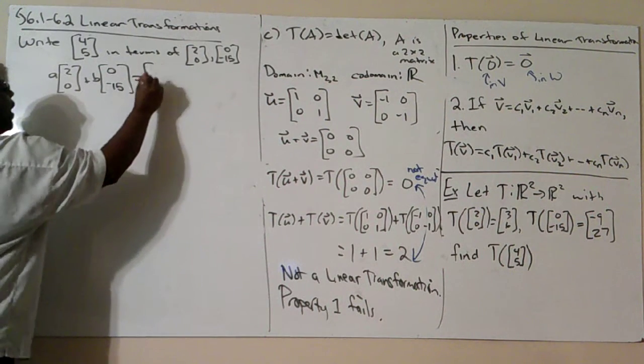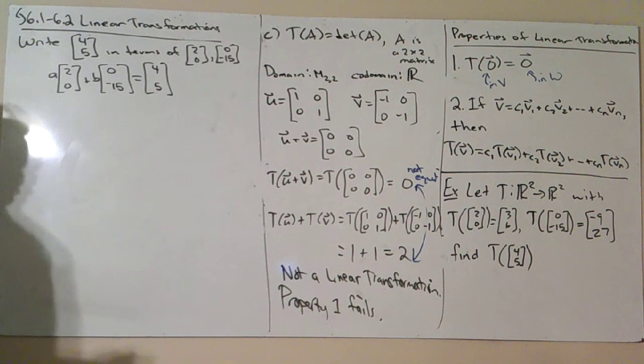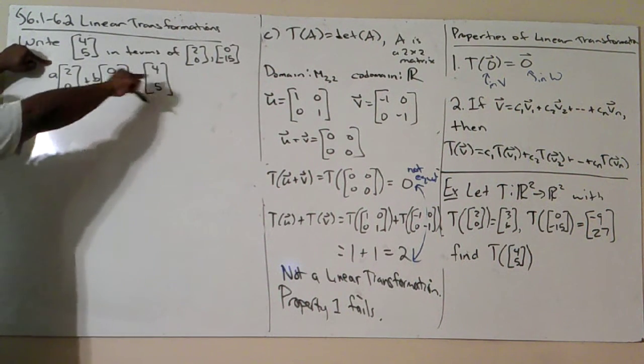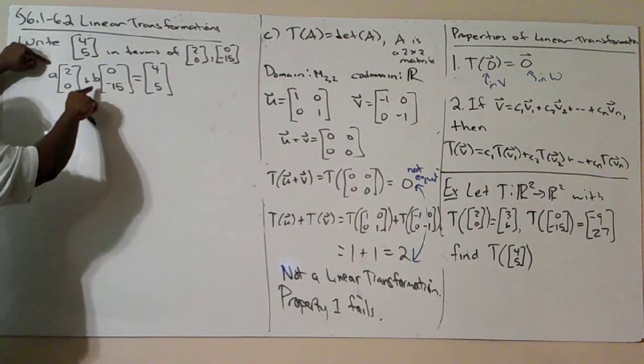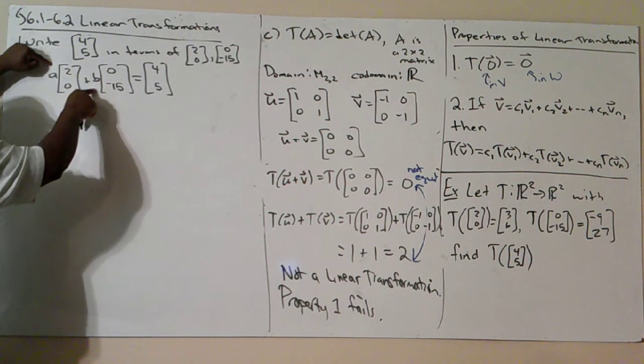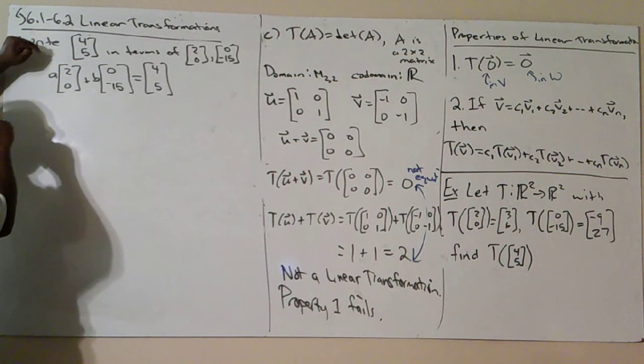I can create an augmented matrix to figure this out, but this was fairly easy, I think. If I multiply a by 2, I get 4, right? And if I multiply -15 by -1/3, then I will get 5.